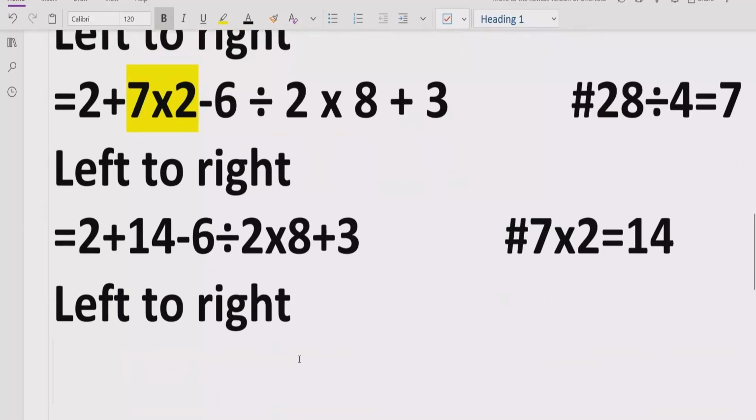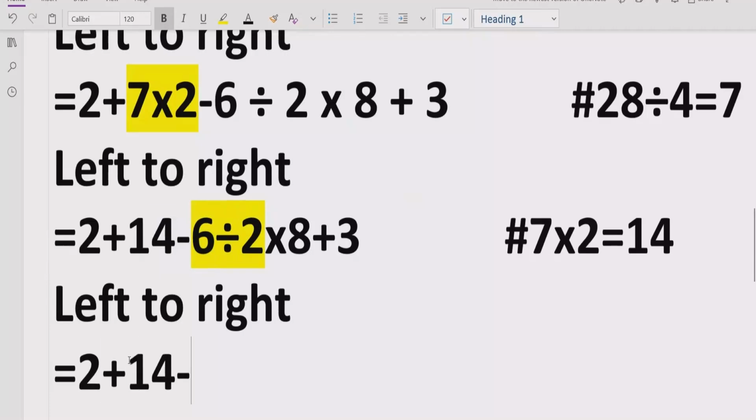You might say we can solve first this one and this one. No. First you have to complete all division and multiplication. We cannot subtract these two numbers because we have a division sign here. So first we have to solve the division.